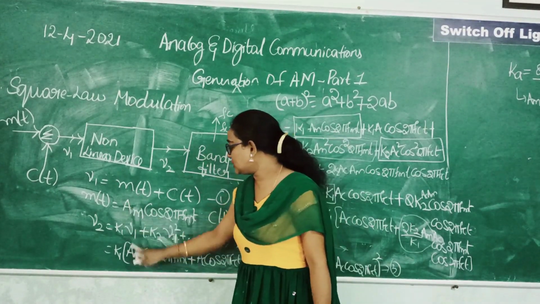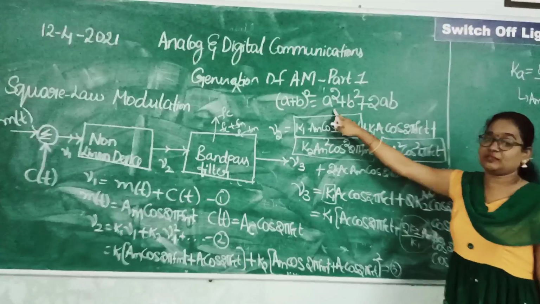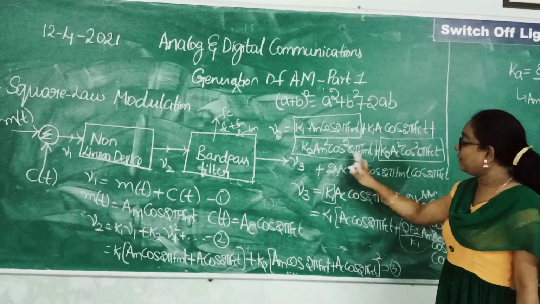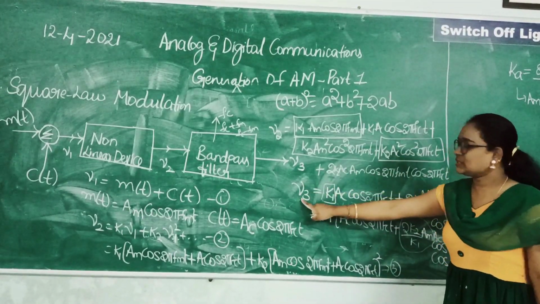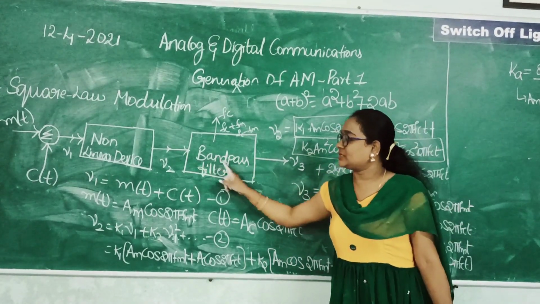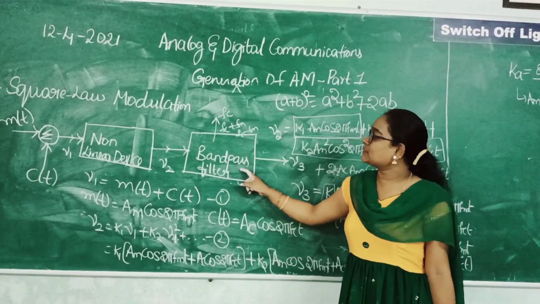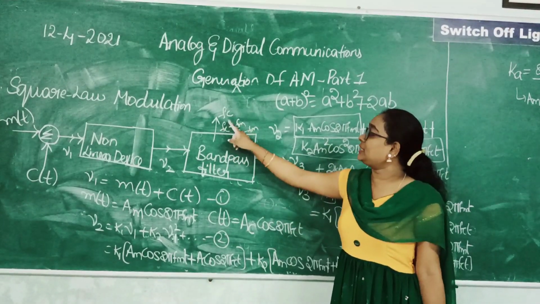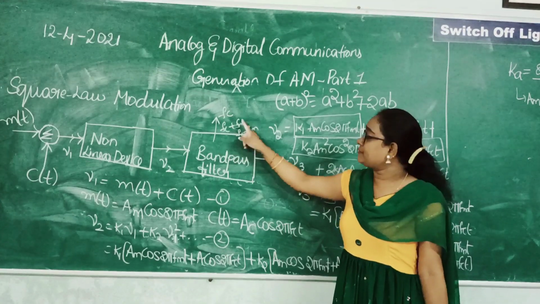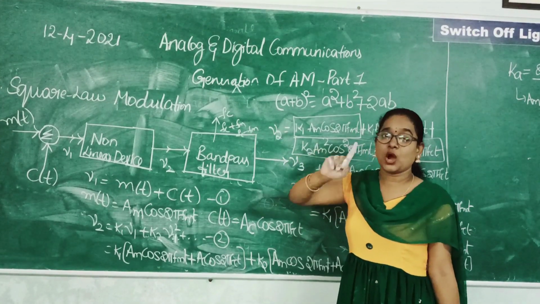Now substitute this V1 equation and expand it according to the (A plus B) whole square formula, and then we have this V2 equation. The output of the nonlinear device is given to the band pass filter. This band pass filter is designed in such a way that it is going to forward fc plus fm, the upper side band, and the lower side band of the first harmonic term.